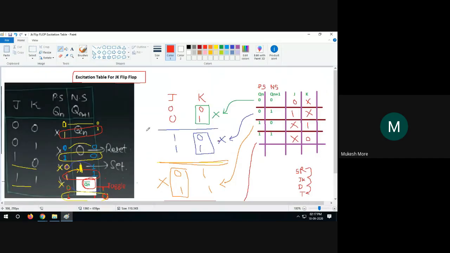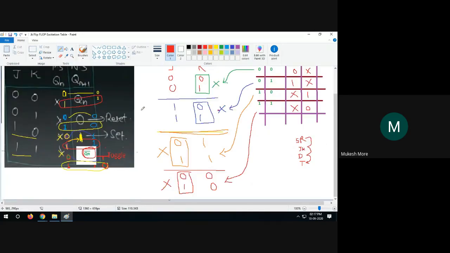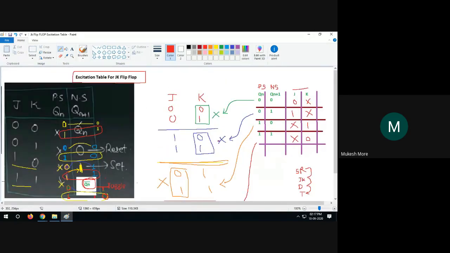Now our interest is that we need to find inputs for J and K. Now when you have written these values, 0 0 1 1 0 0 1 0 0 1 1 1 0 1 1 0. Okay. So the next part is that we have to refer to inputs for the excitation table.